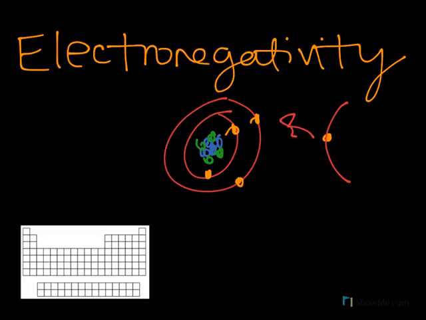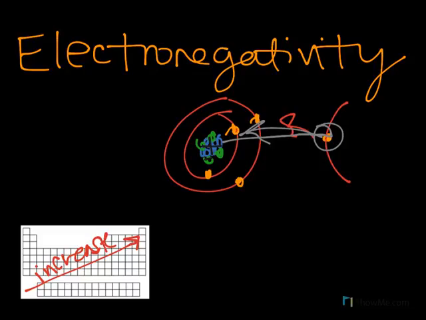So now the question is, how hard would your protons in the nucleus work to pull this guy to your atom? Now, the trend for electronegativity is very similar to that of ionization energy, in that your overall trend is that the lowest electronegative elements are in the bottom left of the periodic table, and the highest electronegative elements are in the upper right hand of the periodic table.